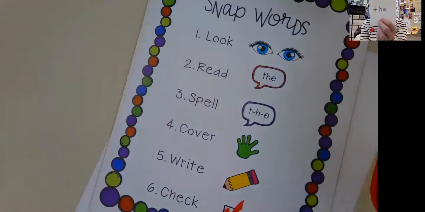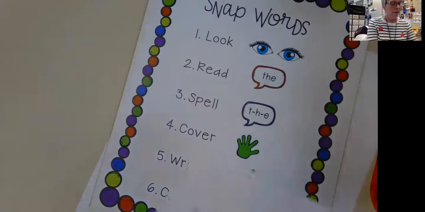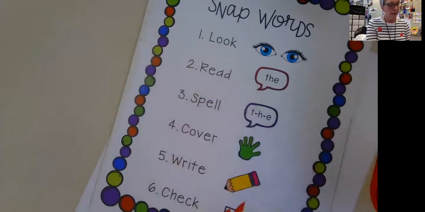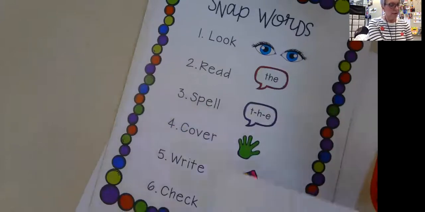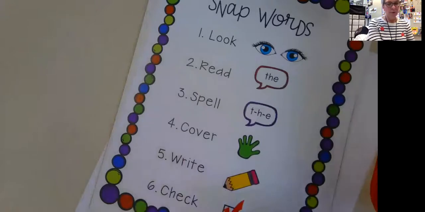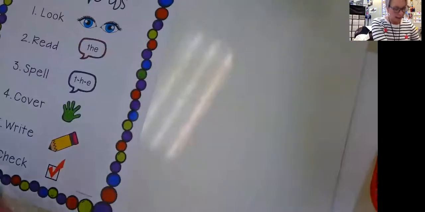So let's look at it. Do you see it? The. You looked at it, right? Now you read it. The. Now you spell it. The. Now you cover it. Gonna cover it up. Then you write it.